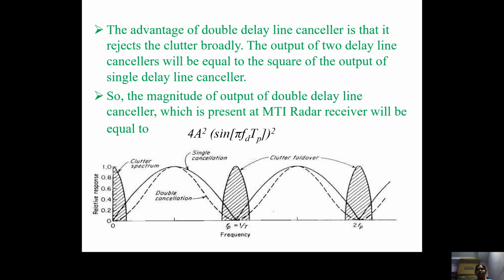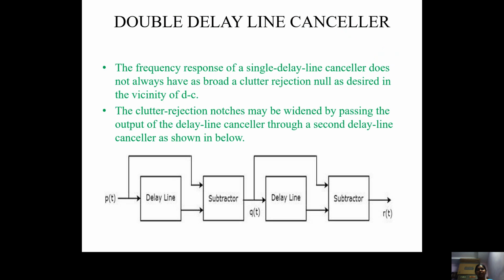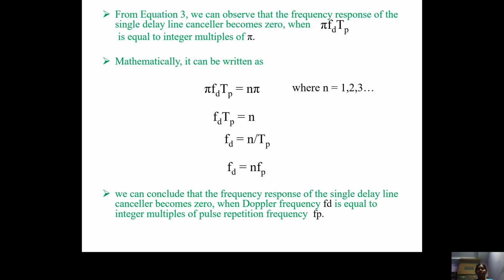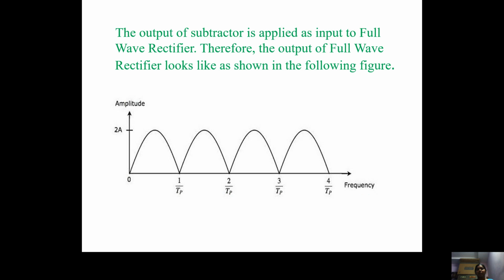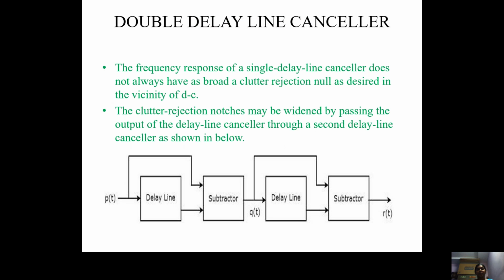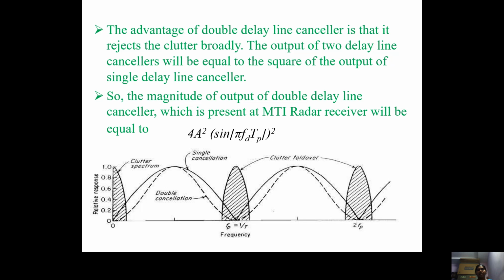This value will increase by a square for each increment in the delay line section. And if we observe the frequency response using two delay lines in the double delay line canceller, it looks like this. In the single delay line canceller, we have seen the output frequency response like this after applying it to the full wave rectifier. But here, if you observe clearly, we get broader DC rejection.